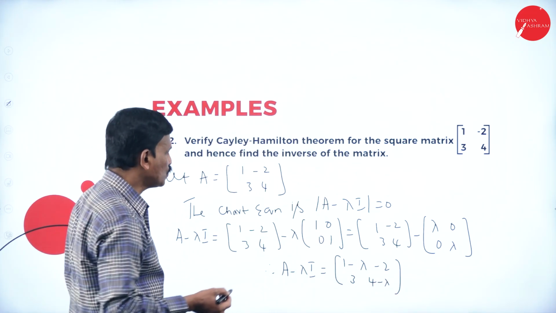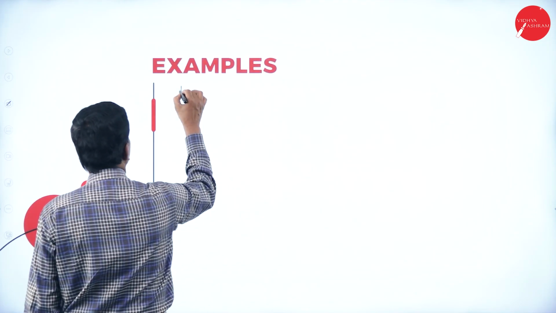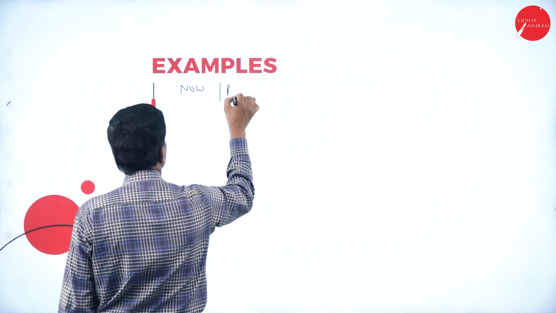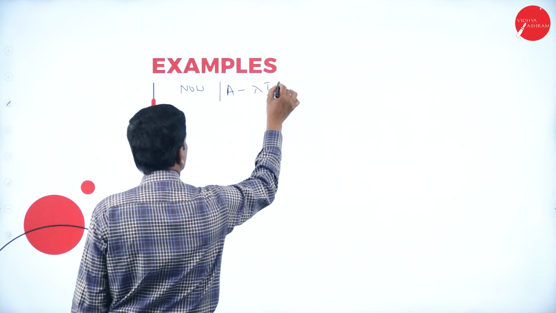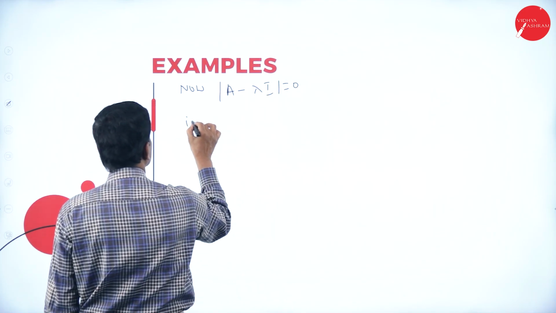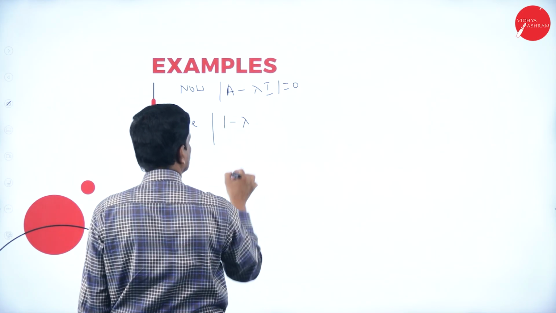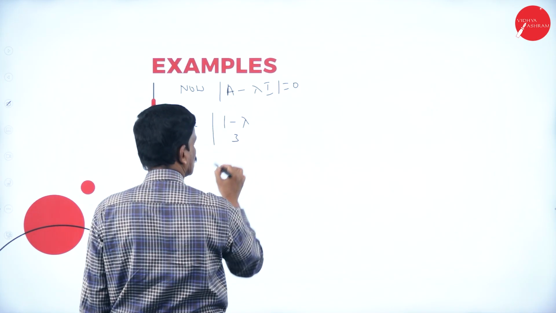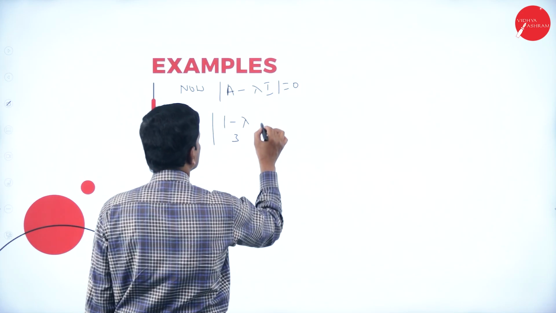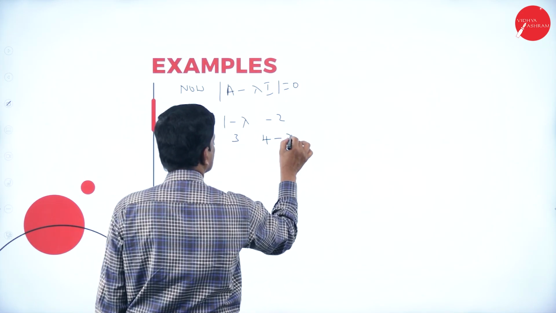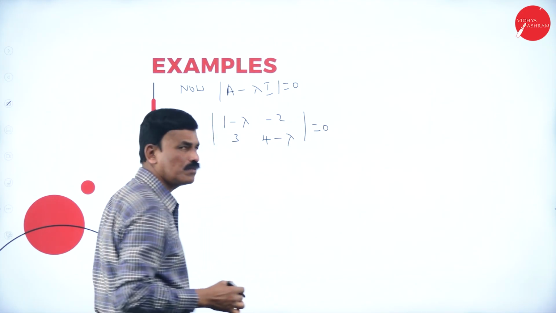Right. Now we know the characteristic equation: determinant of A minus lambda I is equal to 0. That is determinant 1 minus lambda, 3, minus 2, 4 minus lambda, is equal to 0. Simplify this.